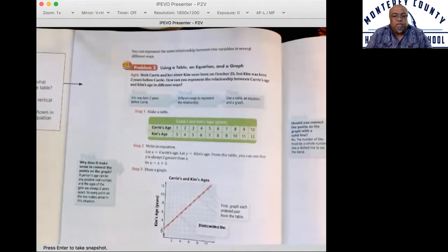if we did it the other way, and we said that the younger girl is represented with the letter y, which shows the change over time, then at some point you're going to have to say that her age would be negative. For example, when Kim was born, Carrie was -2, okay? You can't really have a negative age.